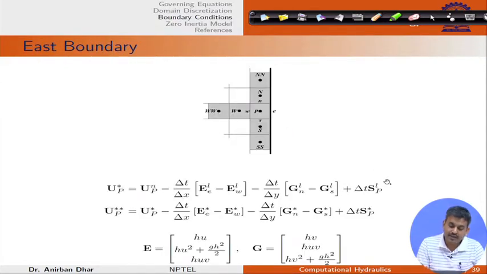For east boundary, obviously at east boundary we will have this component, this flux component we need to calculate at east boundary.